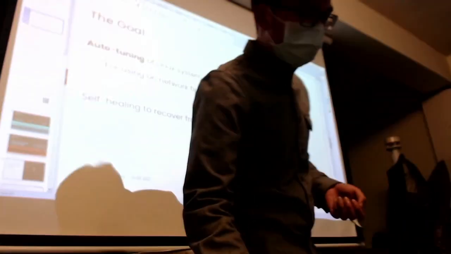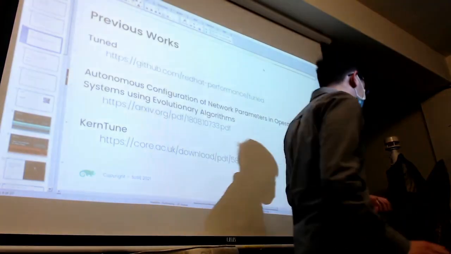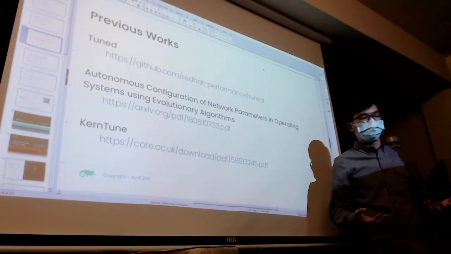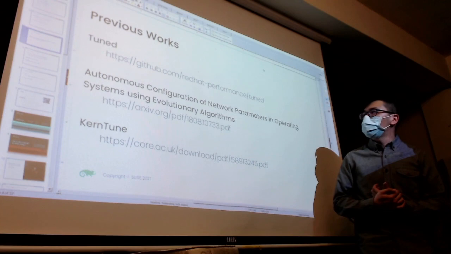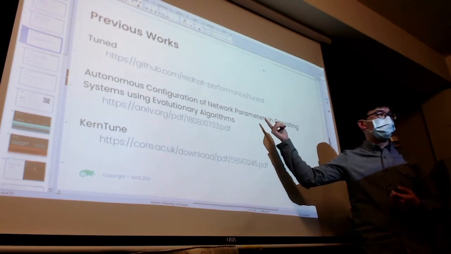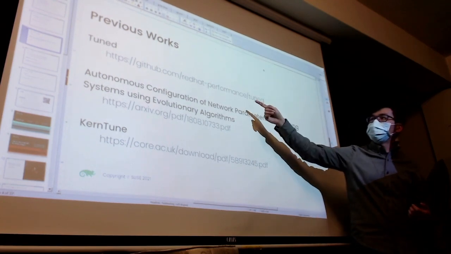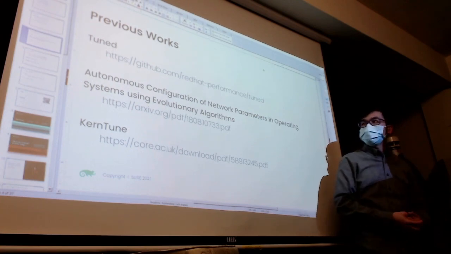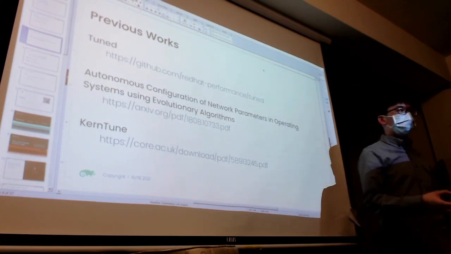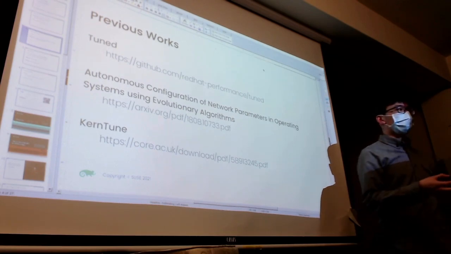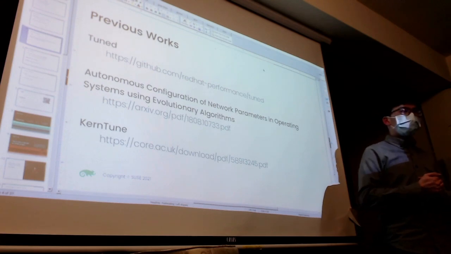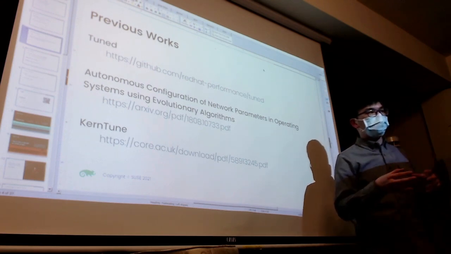Before we get into this, we also did some research on previous work. If you're familiar with performance tuning on Linux, the TuneD daemon is, I think, the de facto standard for performance tuning on Linux. What it does is it has certain profiles that you can choose from.